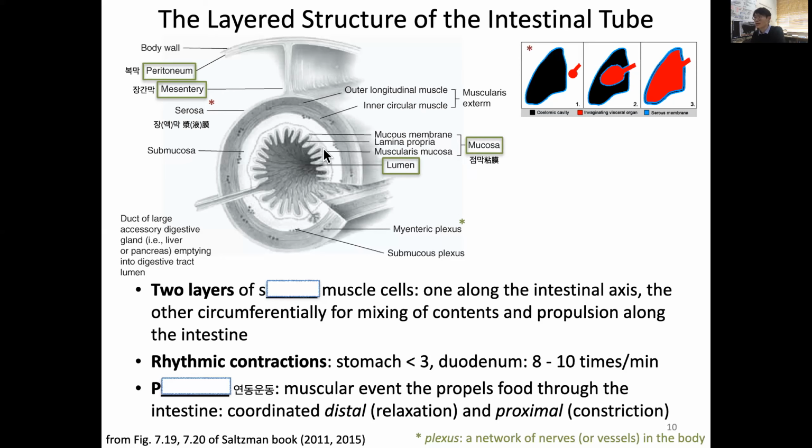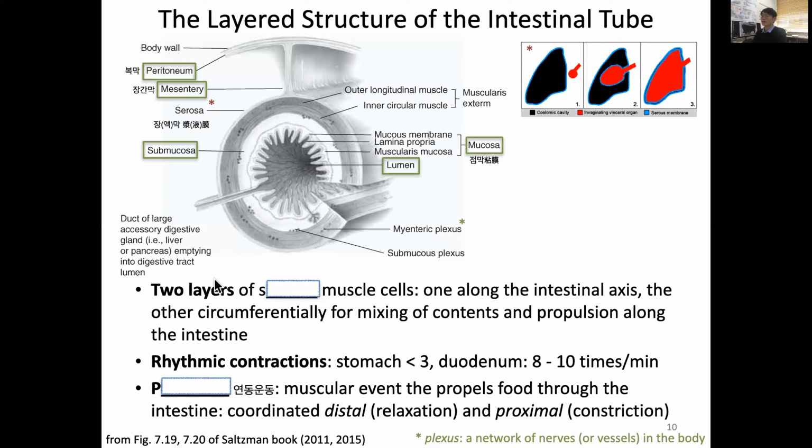Of course, underneath the mucosa, there is a submucosa, which is also connective tissue that touches the outer muscular layer. It is called submucosa because it's below the mucosa and connects to the muscular layer outside.